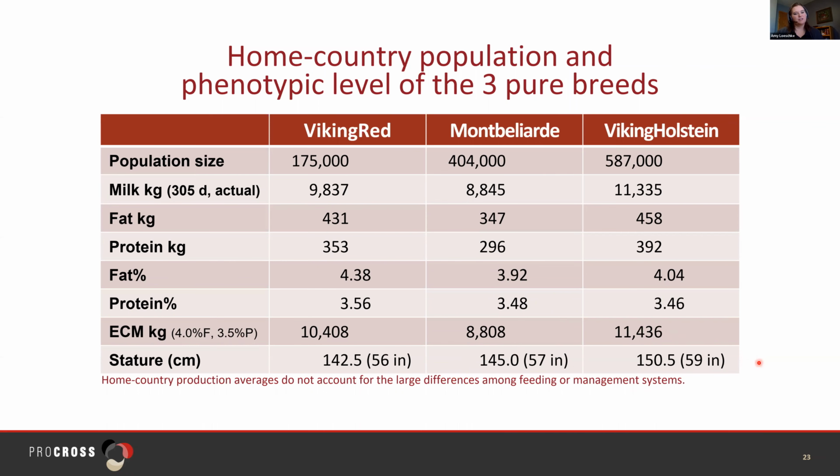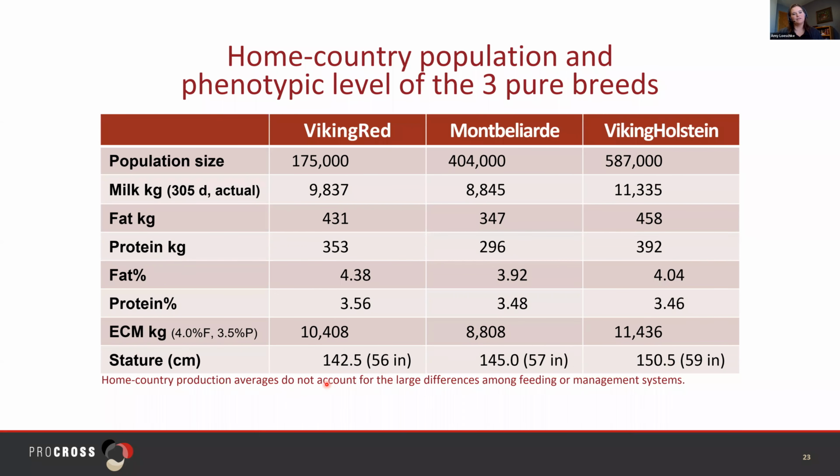Let's also mention the stature. It's no surprise that the Holsteins are the tallest, Montbéliarde are more intermediate, and the VikingRed is the smallest. What is surprising is how much the VikingRed breed has changed just in the last 5 to 10 years.